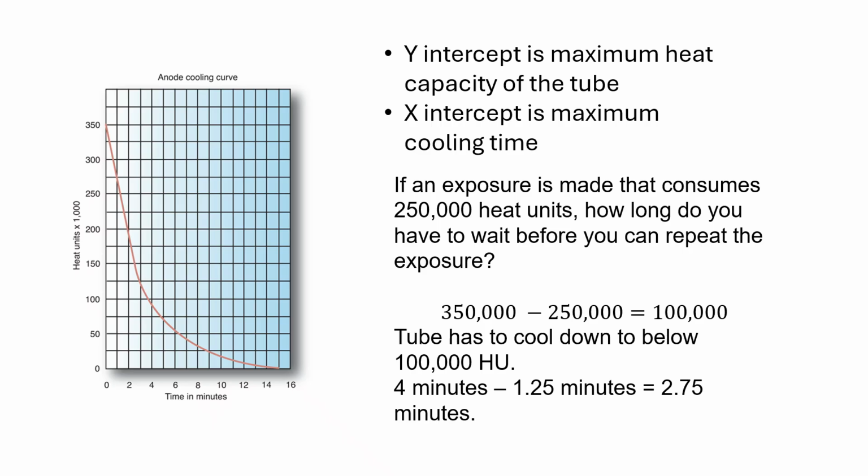The other version of this would be if they're not asking you what maximum capacity is or maximum cooling time is, they'll say that you have this first exposure that delivers this many heat units. Which of the following choices can you expose immediately?